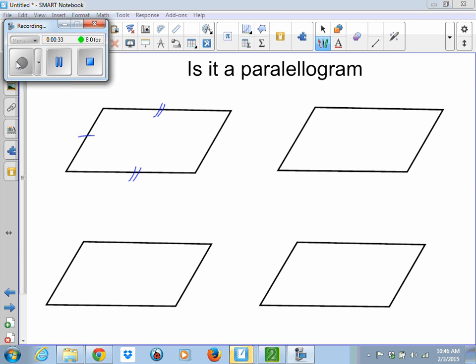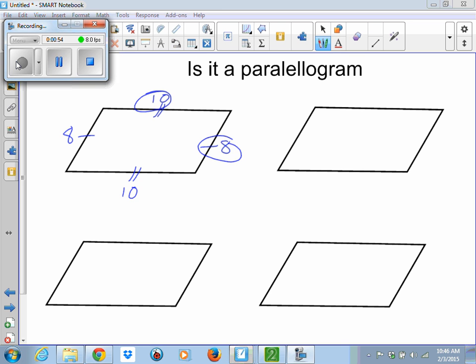So you have to have both pairs of opposite sides. So if you know, for instance, like this is 10, this is 10, this is 8, and this is 8, then you can say that it is a parallelogram. Okay, but they don't have to be different. For instance, a square is a parallelogram. So you wouldn't have to say that necessarily this is different than this.